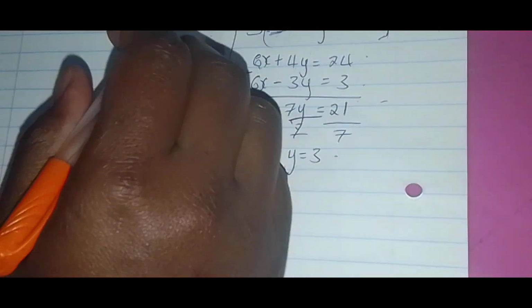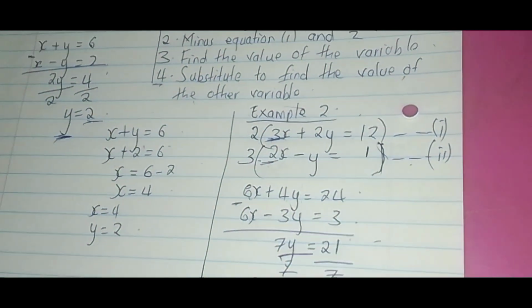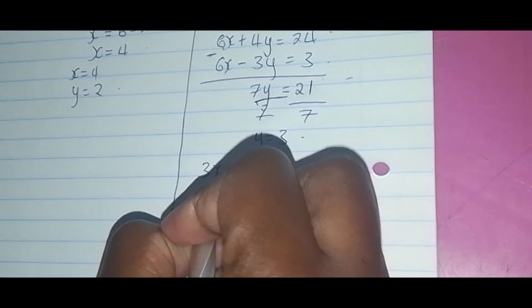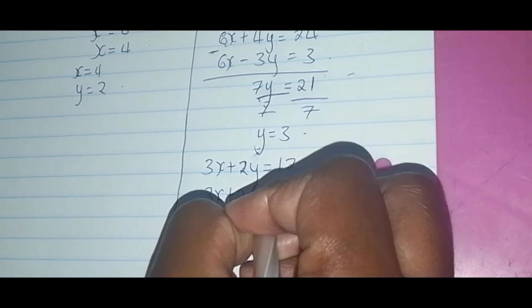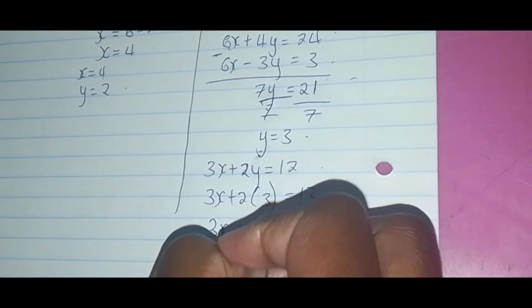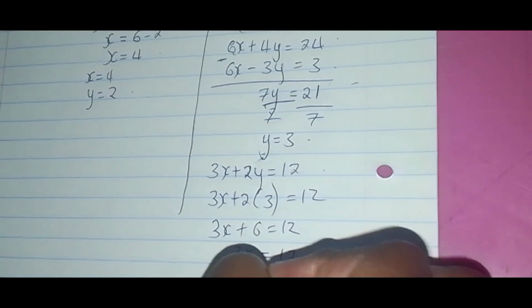We need to substitute to find the value of the other variable, that is the x variable. So in any of our equations, 3x plus 2y is equal to 12. Where there is y, we put 3. 3x plus 2 into 3 is equal to 12. 3x plus 6 is equal to 12. 3x is equal to 12 minus 6.